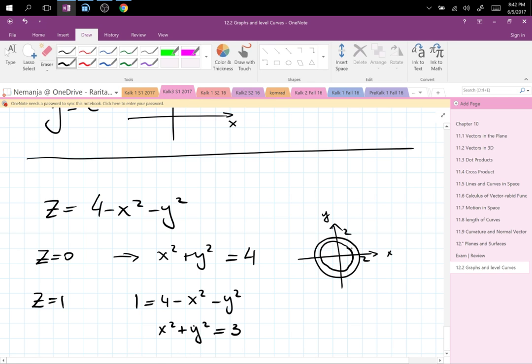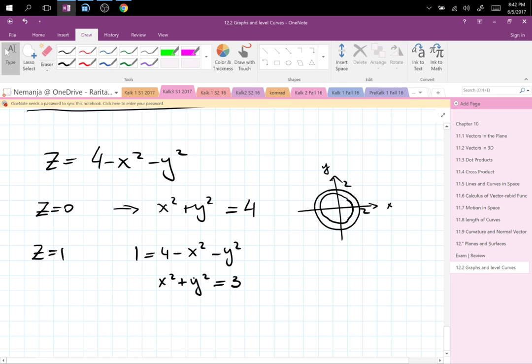Root 3 is about 1.7. Then you try z equals 2. Again, 2 equals 4 minus x squared minus y squared gives you x squared plus y squared equals 2. Well, the square root of that, root 2, is 1.41, so another circle inside.